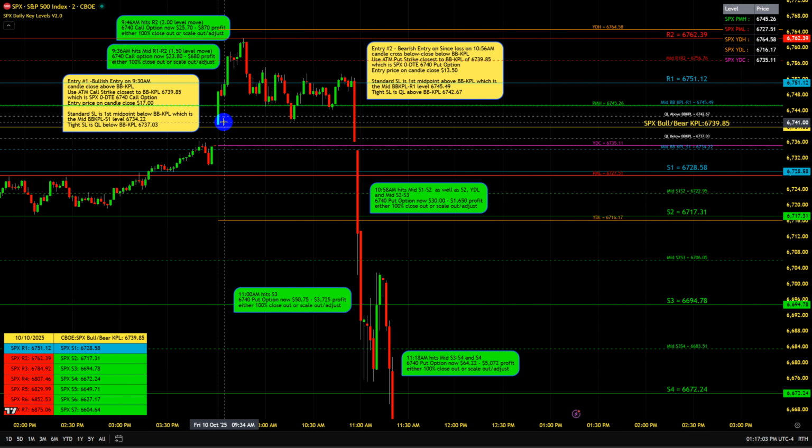Okay, so in this particular instance, we have a close above the bull bear KPL, which we'll also be referring to as the BBKPL throughout the video. And how do you determine which SPX option strike to use for this bullish play? There are basically three options. The primary, or standard, bullish play for a trade that is triggered and derived from the bull bear key price level would be an at the money option at the closest strike to the bull bear KPL price.